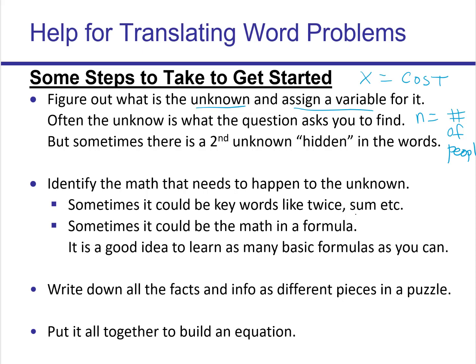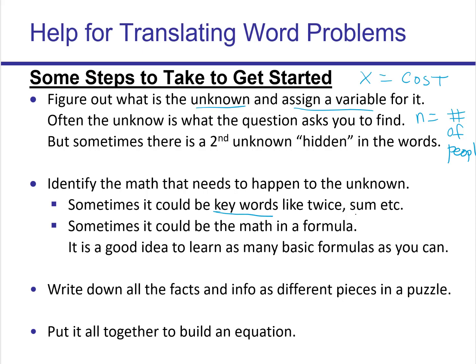Next, identify any math that needs to happen to the unknown. It may say something like twice the unknown, so you know there's a multiplication, or the unknown plus 10, so you know there's an add. So a lot of times, you can identify what has to happen by looking for keywords.